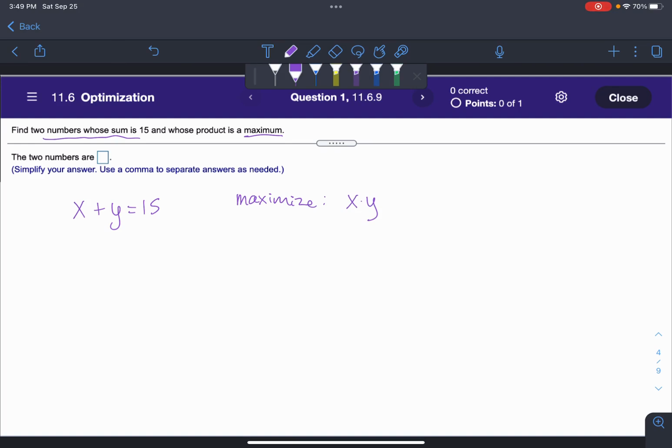All right, so in order to maximize it, I need this function right here, we can call it f. I need it in terms of one variable, let's say f of x. This is kind of similar, or at least related to what we just did. So let me solve for y using our known equation over here, that y is equal to 15 minus x.